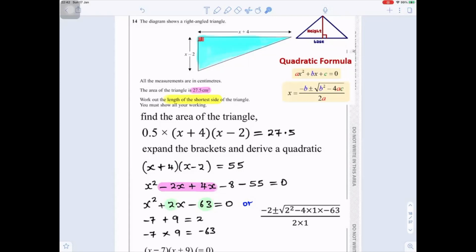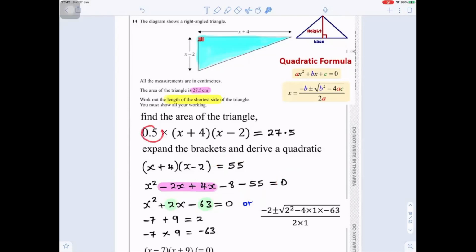And then, because we had a half there, it's 1 over 2. If we take the 2 to the right-hand side, it becomes times 2. 27.5 times 2 gives you 55. And we take the 55 to the left, it becomes minus 55. And we're left with 0 on the right side.